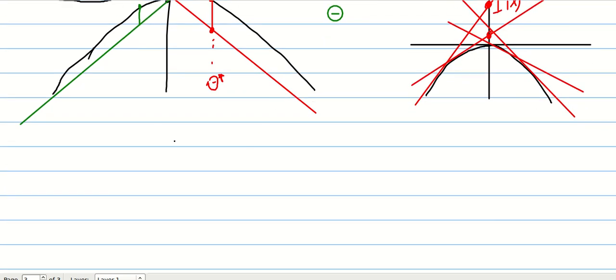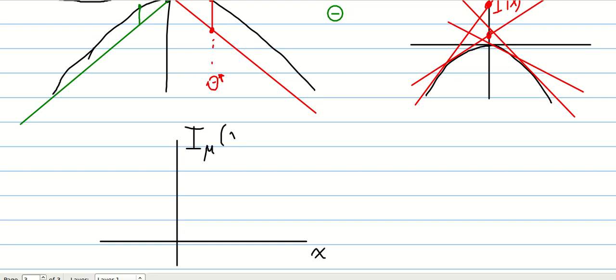Now I'm trying to plot here not theta but x and I of x. So at value 0, we are talking about a flat line here. So this value is going to be 0. And as soon as you move a little bit, it moves up in both directions.